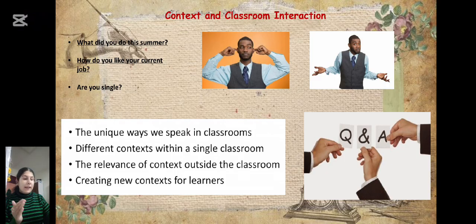We said that every single classroom is unique, so you also should speak differently in these classrooms. Then the relevance of context outside the classroom. So you speak one way in the classroom and another way out of the classroom. And also we have creating new contexts for learners. So you are also a creator.